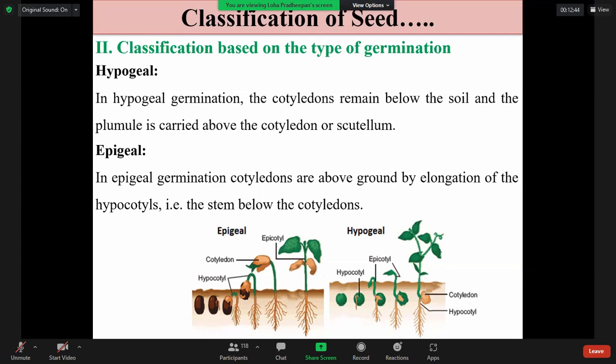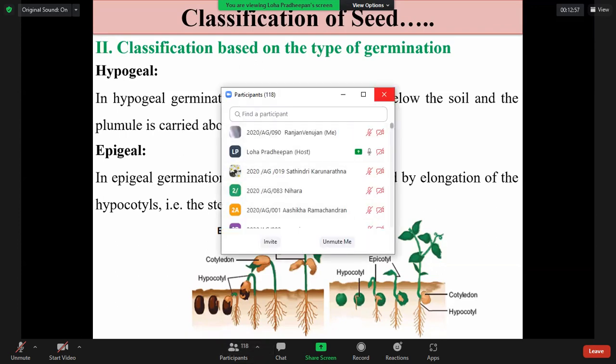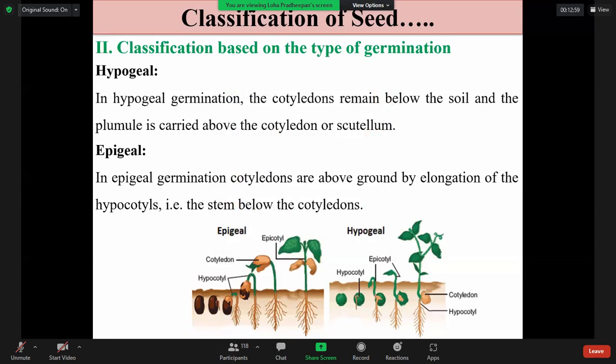Especially, we are able to see hypogeal germination. In gram or black gram, we can see two cotyledons coming above the soil. But if you plant maize, only the leaf part can be seen.